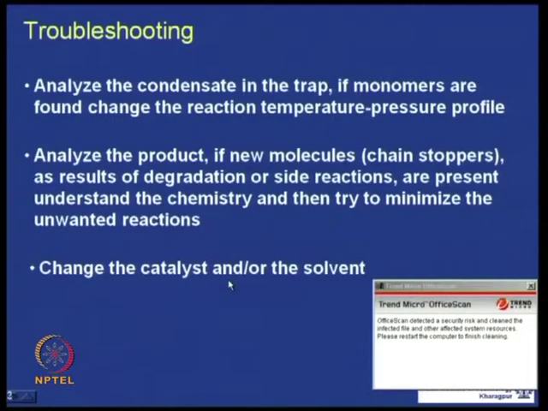The third thing you can do, as I was mentioning, is change the catalyst. Sometimes this catalyst might accelerate the side reactions as well. If you are doing this step polymerization reaction in a solution, then you can also try and change the solvent.